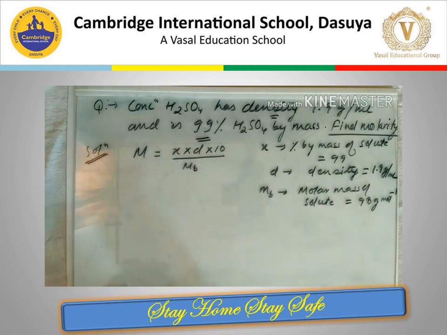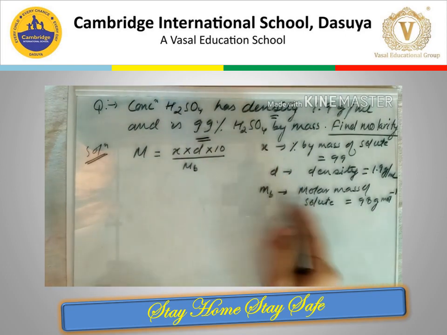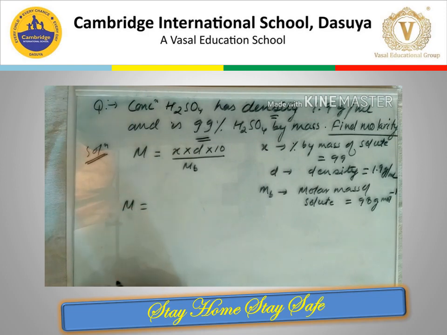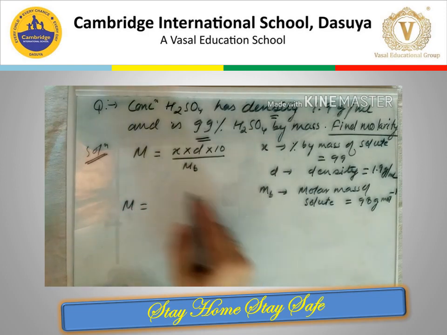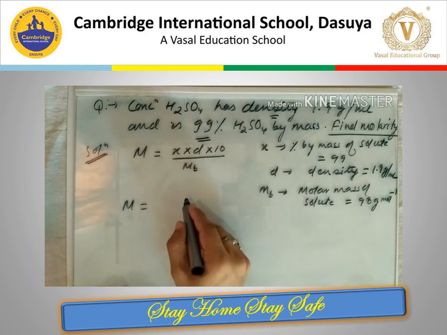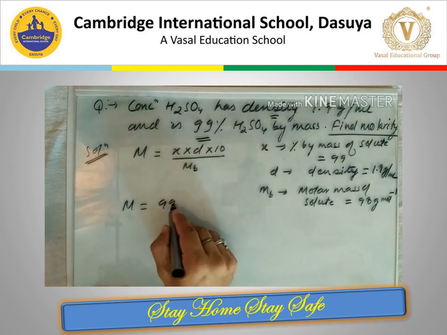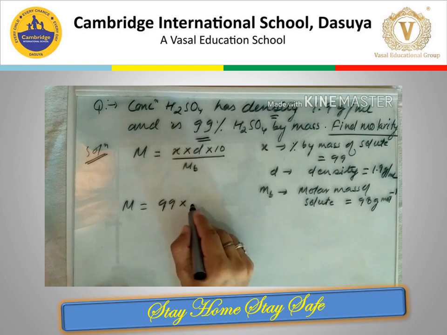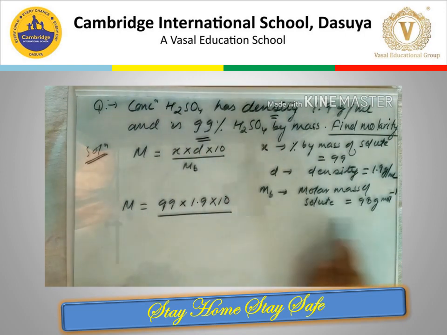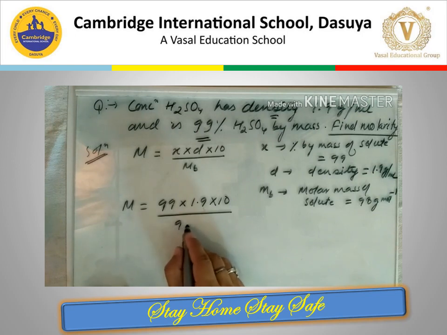Putting all these values in this equation, we have M equals the mass percentage 99 into density 1.9 gram per ml into 10 upon mb, the molar mass of solute, which is equal to 98.